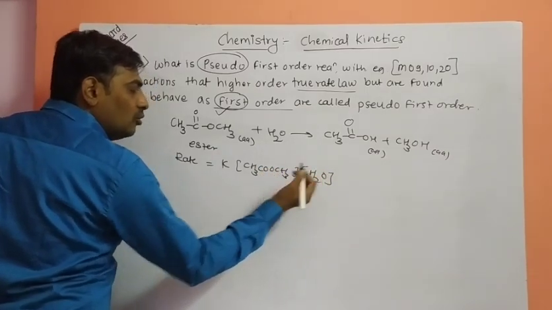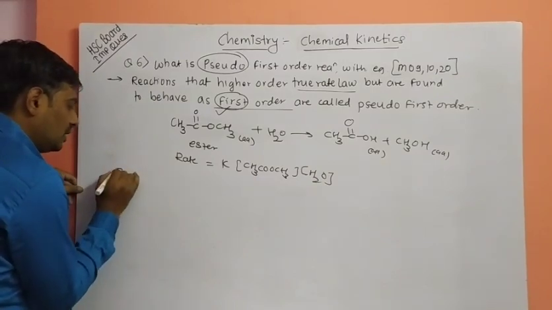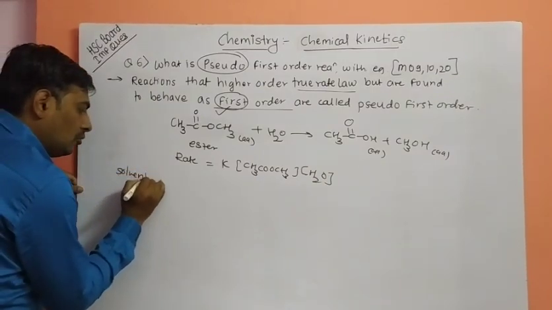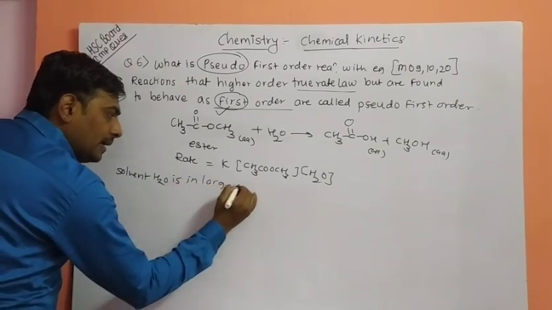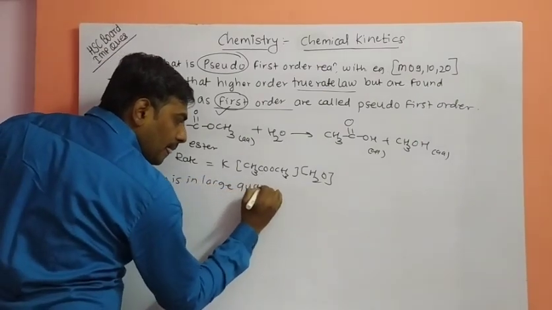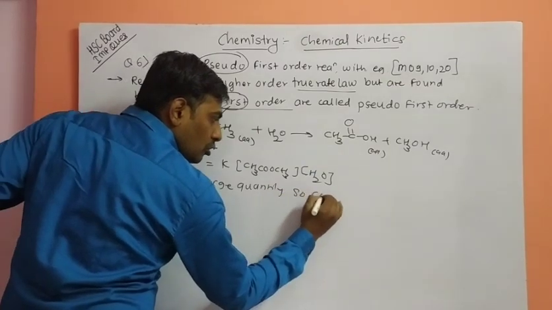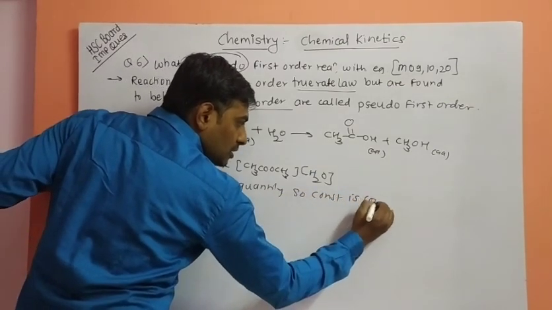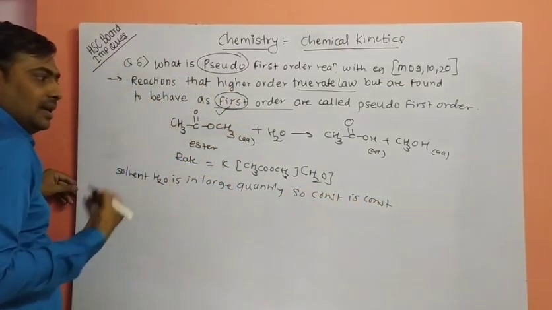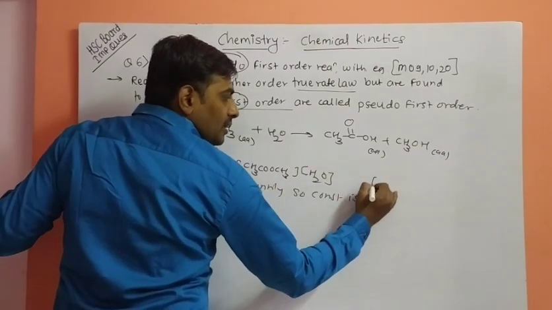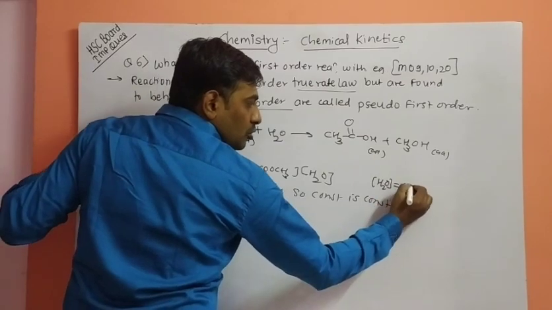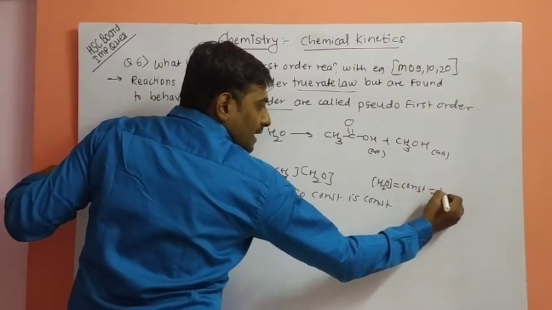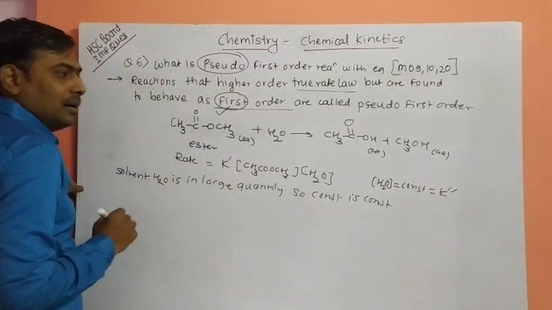But what we know is that in hydrolysis of ester, solvent water is in large quantity. So the concentration is constant. The concentration of H2O is constant. So we are taking K double prime. Here we take K prime.